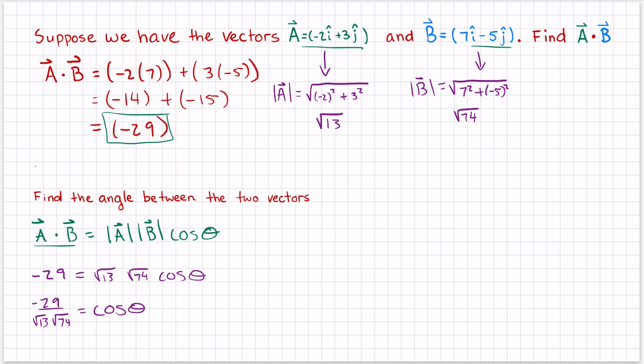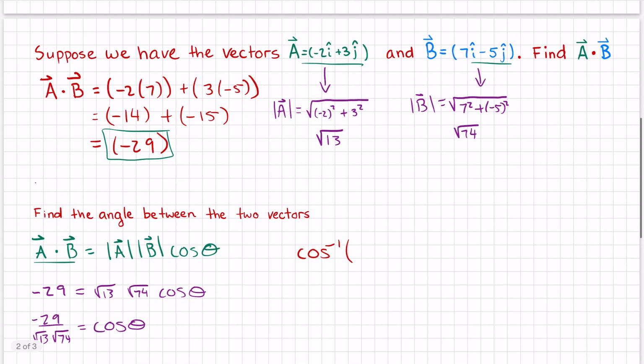I can say, and I'll do this in red, that cosine inverse of negative 29 over root 13 root 74 is equal to theta. And if I plug that into the calculator, assuming that we have a scientific calculator available to us, that's going to come out to something very similar to 159 degrees.